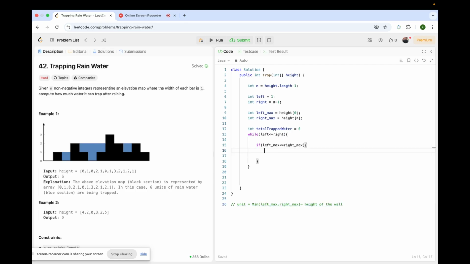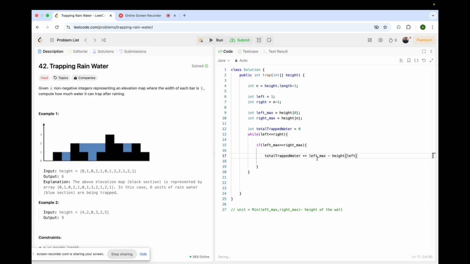So at this point, if this condition is true, I know left max is the minimum, so this equation will give me left max. So total trapped water equals total trapped water plus left max minus height of the wall, which is the height at the left index.